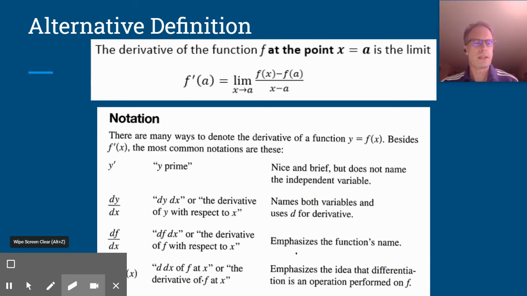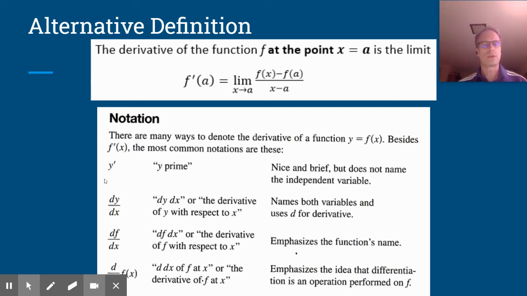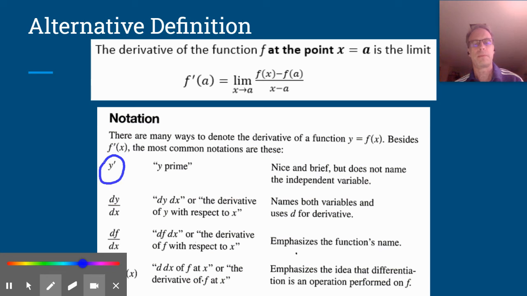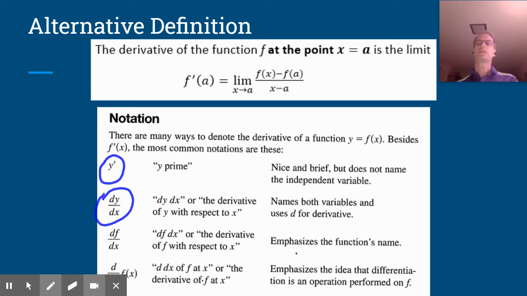Okay, and the next thing I'm going to need to point out is we also have a bunch of different ways of expressing it. So you can see here that we've got what I've already showed you, which is y prime. That means the first derivative. The next one is going to be dy/dx. That is going to be seen very frequently, and I know at least initially many people are not going to be thrilled about that because it takes more writing.